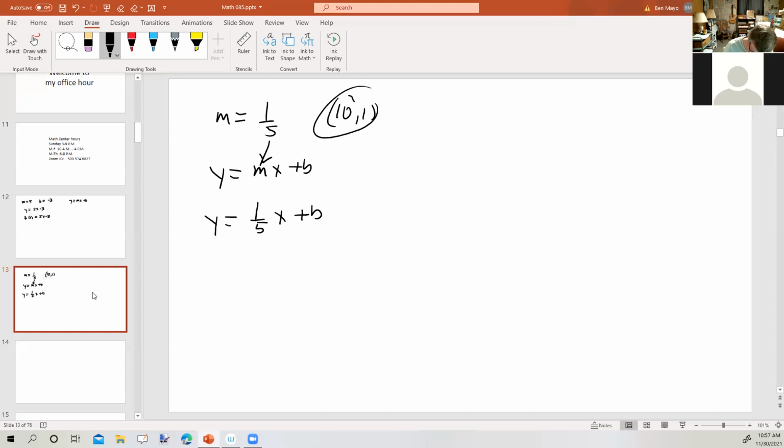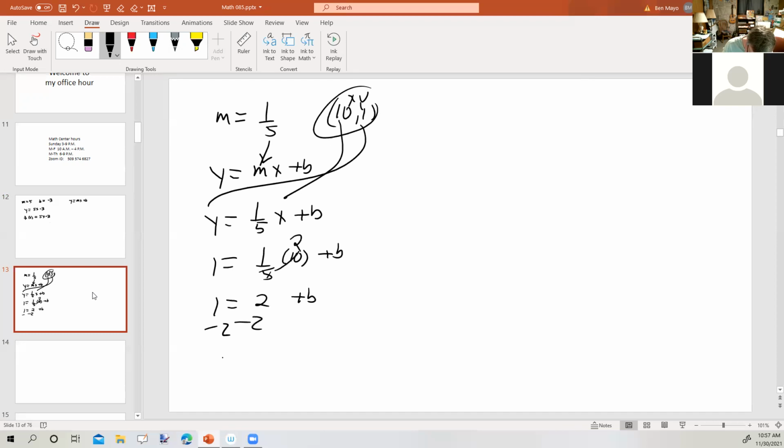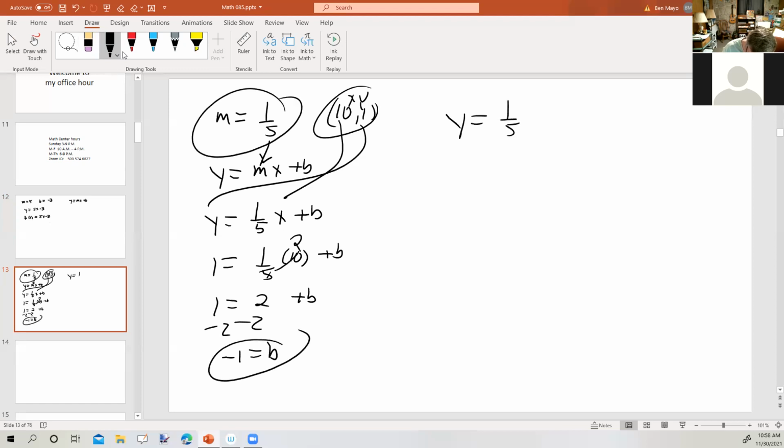I can take this ordered pair, which consists of an x and a y. The 10 goes in for x and the 1 goes in for y. And I get 1 equals 2 plus b, reducing that down. Subtract 2. b equals -1. So I've got a slope and a y-intercept. y equals 1/5 x minus 1, but writing it as a function, we get that.